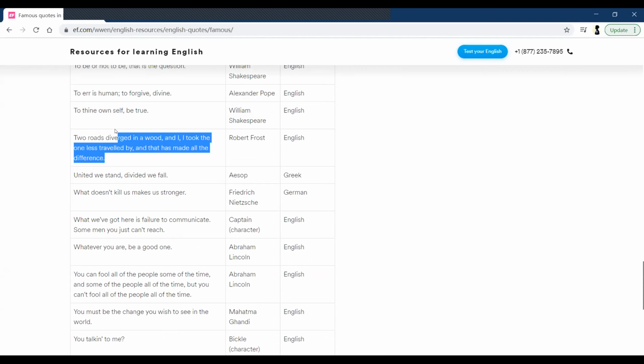And the sentence, "Two roads diverged in a wood, and I took the one less traveled by, and that has made all the difference." So that is a metaphor here. For example, you have two choices in your life. The first one is a choice that most people will choose, and the other one is a choice that a relatively small number of people will choose.